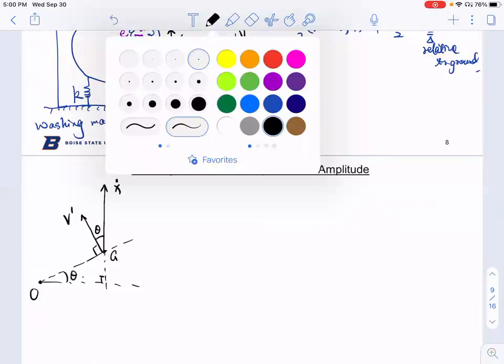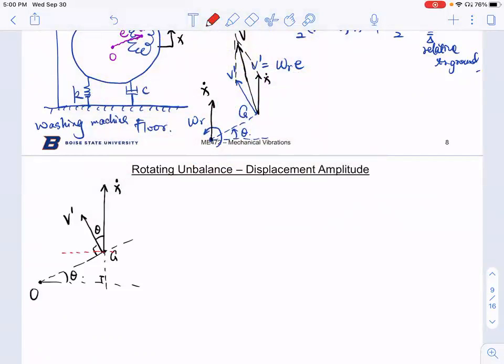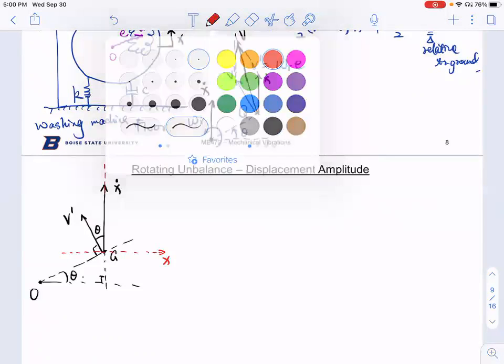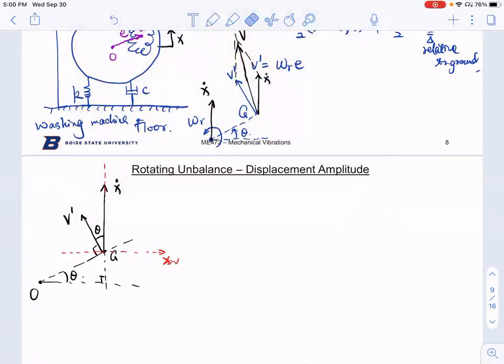So you create a Cartesian coordinate. That's your x. Too many axes, let me use a different one. H stands for horizontal, and P stands for perpendicular.